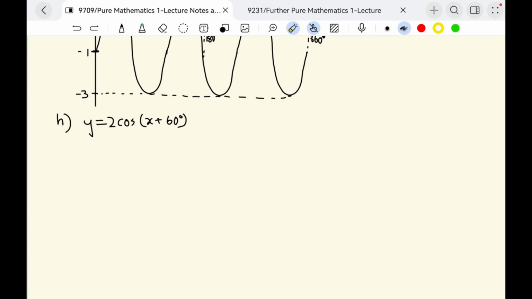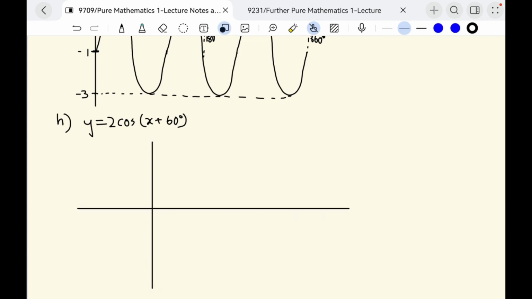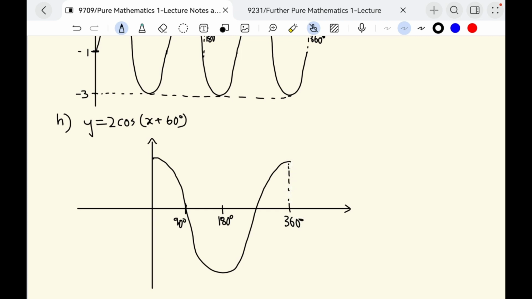Okay. So you know that this is 90 degree, this is 180 degree, as well as this is 360 degree over here.